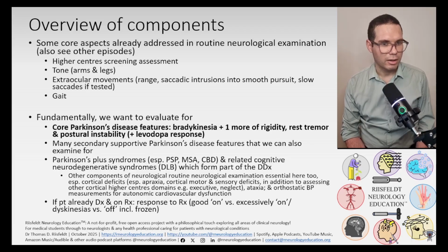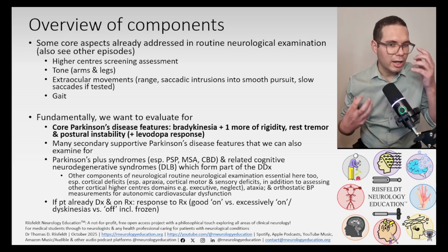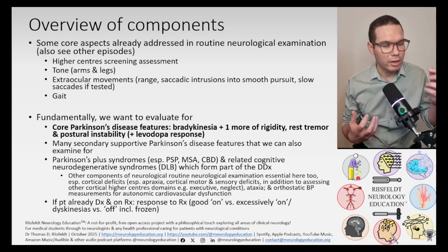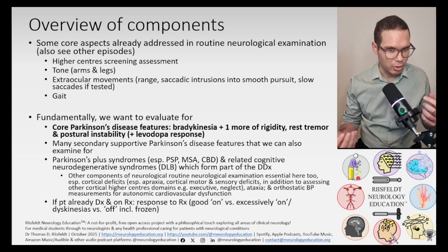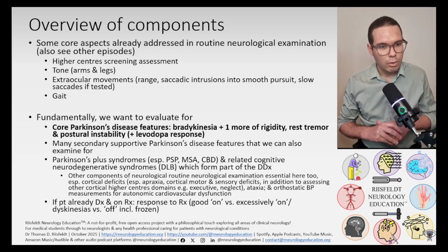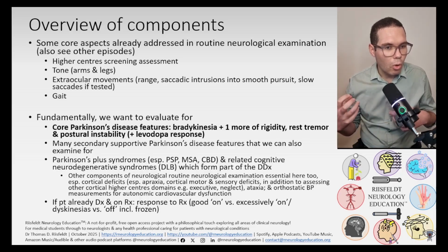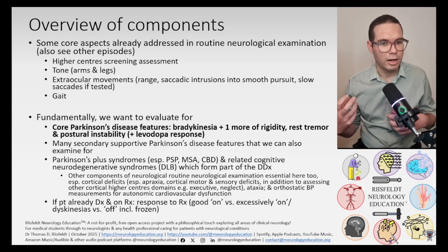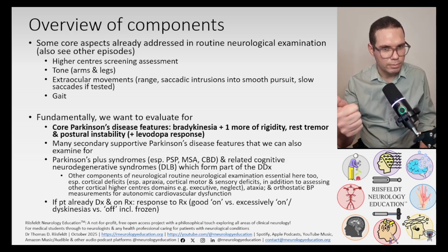So taking a step back, fundamentally, what do we actually want to evaluate in the context of an extrapyramidal examination? Well, firstly, let's think about the core clinical components of Parkinson's disease. As many of us would already know, that consists of bradykinesia, and in addition to that, one or more of rigidity, rest tremor, or postural instability.